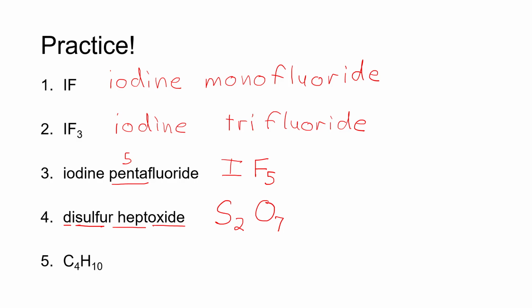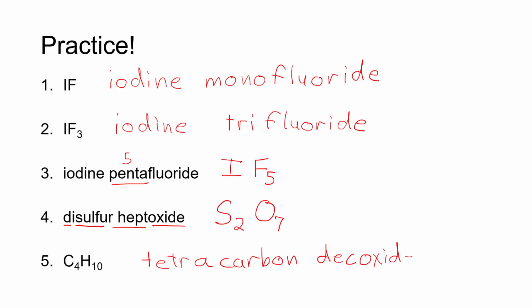Then this last one, we've got 2 nonmetals, carbon and hydrogen, and so it looks like if we were to apply the rules for this, we would end up with tetracarbon, and then 10 hydrogens would be decoxide. Again, we wouldn't say decaoxide, it's just decoxide.